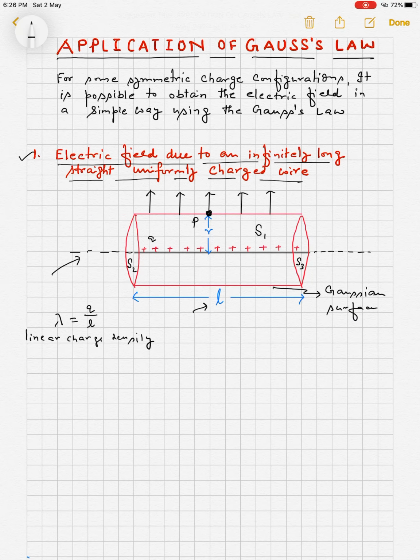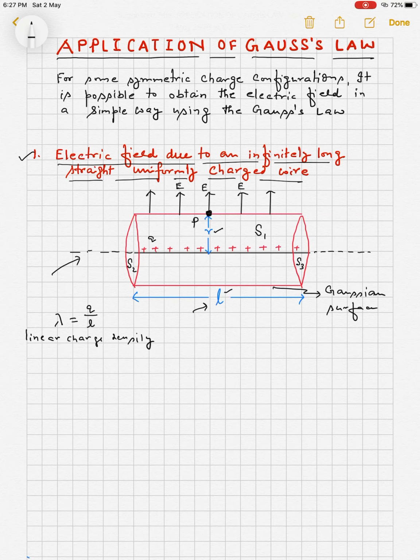This Gaussian surface passes through the point P, and it is a cylindrical Gaussian surface of radius r and length L. The point at which we have to find electric field, the Gaussian surface should pass through that point. So this point is P. These arrows are showing electric field which are radially outward, away from the positive charge.